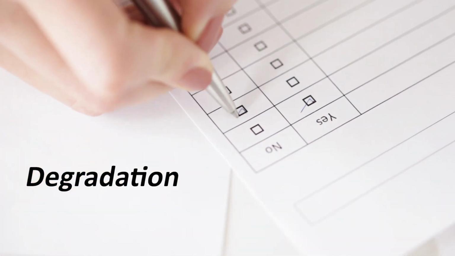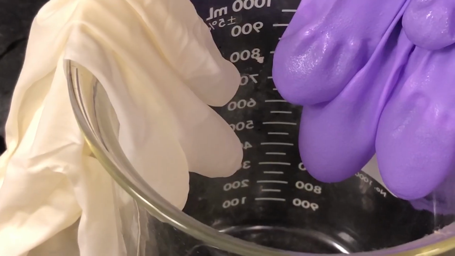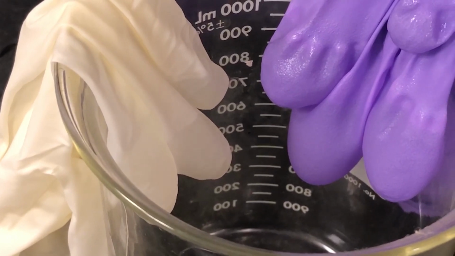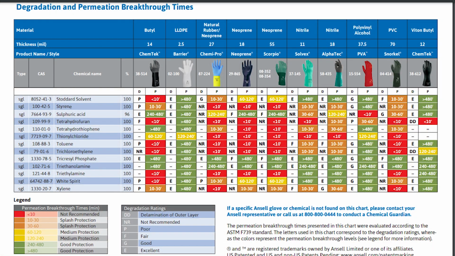Degradation is the change in the physical properties of a glove caused by contact with a chemical. Degradation typically appears as hardening, stiffening, swelling, shrinking, or cracking of the glove. Degradation ratings indicate how well a glove will hold up when exposed to specific chemicals.